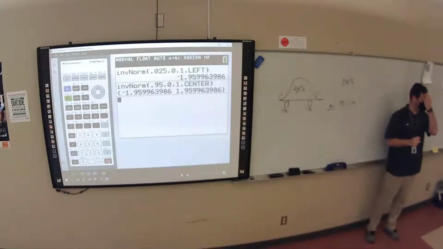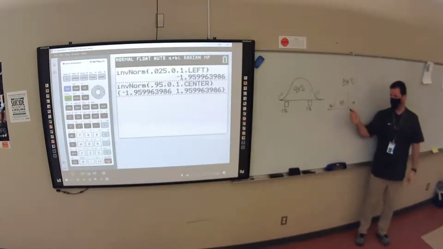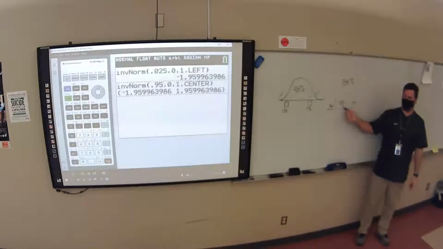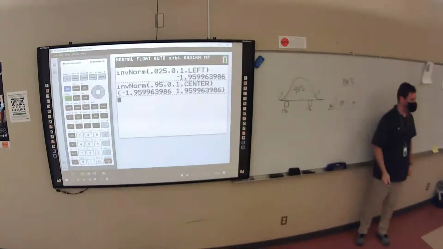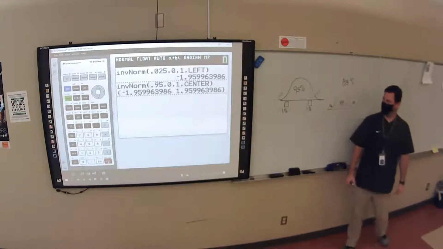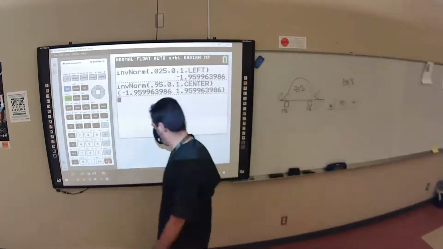And so if I want the z-score for a confidence level of 88%, I have to do inverse norm of 0.06. That will give me that negative z-score, and then I can just turn it into the positive z-score. Everybody okay? Kind of see it.